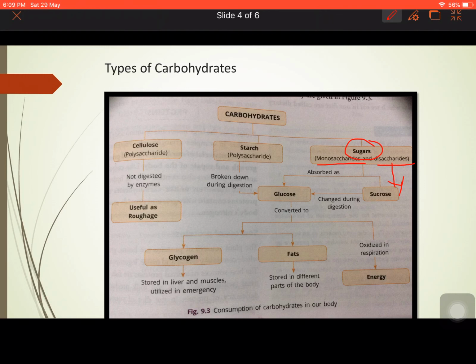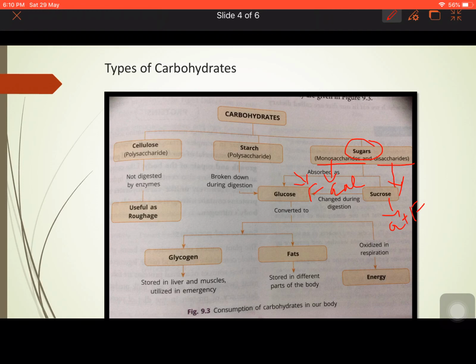Glucose, fructose, and galactose are all simple sugars or monosaccharides. Sucrose is a combination of glucose and fructose. So these two combine together to form sucrose.